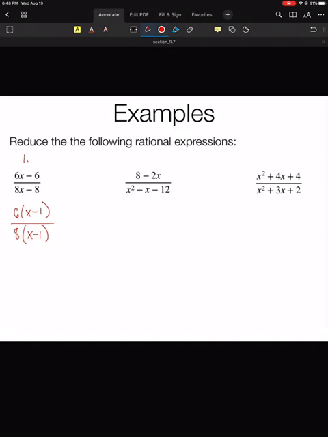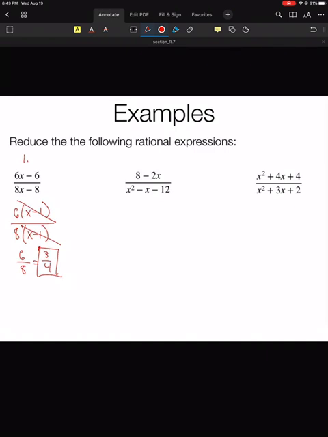So basically the x minus 1s cancel each other out. I'm left with 6/8, and you can simplify that further to 3/4. 6 is 2 times 3, and 8 is 2 times 4, so the 2's cancel out, and I'm left with 3/4. So that's the answer to number 1.